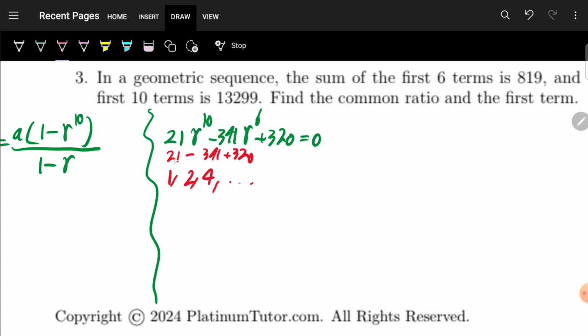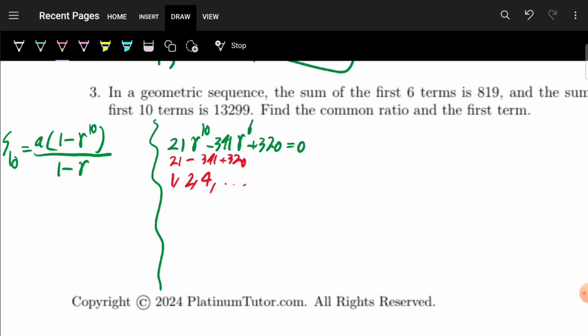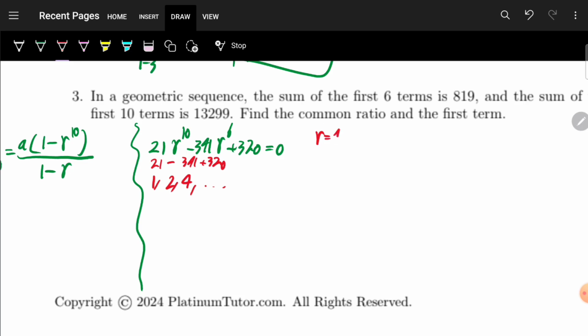That's going to leave us with negative 21, and we're going to add another 21 to give us 0. So this one works. The very first one will work here. I'm just going to double check that I did the math right. So r equals 1 is one solution.